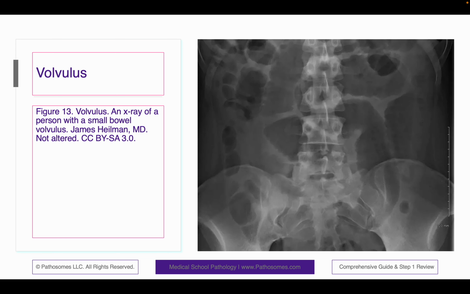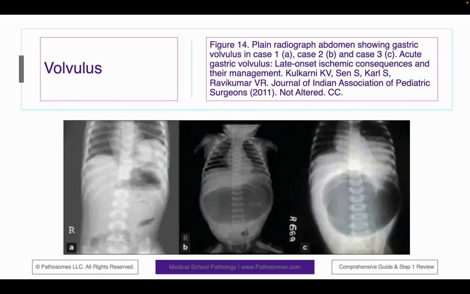And here's an x-ray of a person with a small bowel volvulus. Plain radiographs can give us a lot of insights on the pathology that is present, as we can see here with this gastric volvulus case.